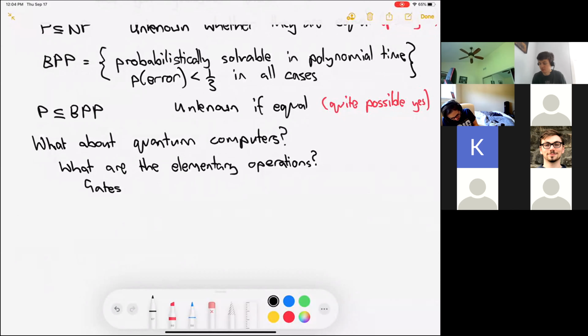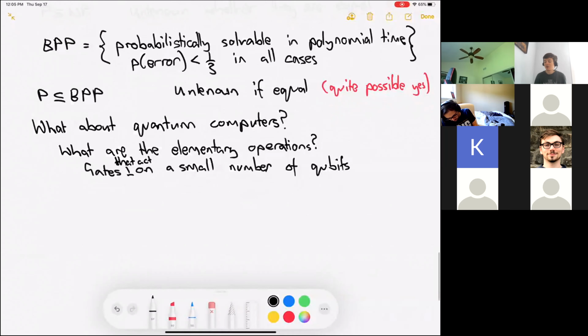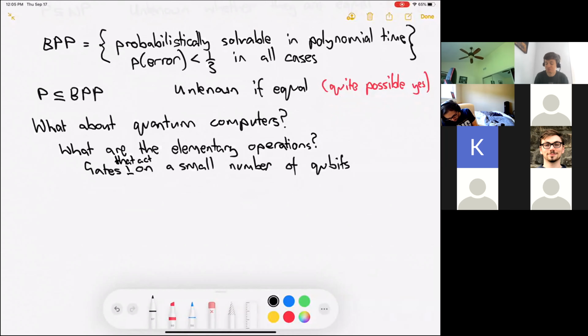we define it to just be gates. Well, the first criterion is that we want all the elementary operations to be gates that act on a small number of qubits. However, you still have infinitely many different unitary matrices that can act even just on 1 qubit.